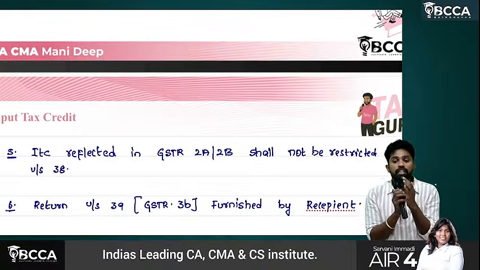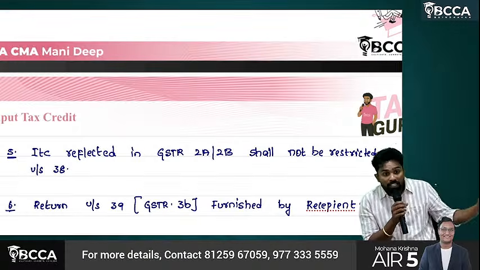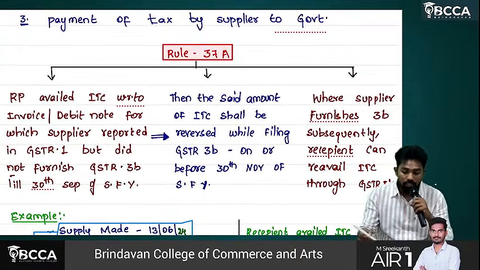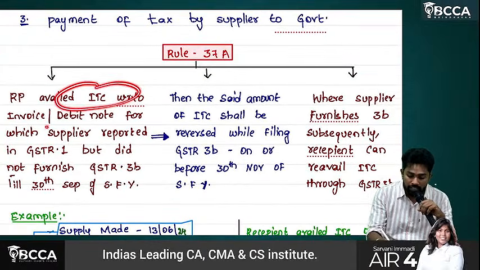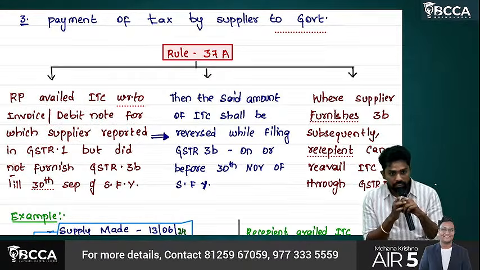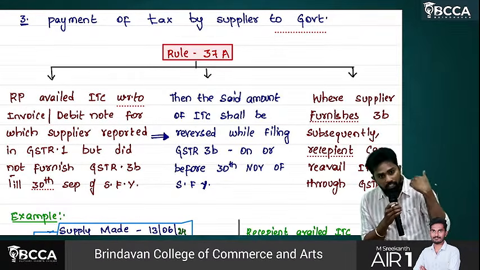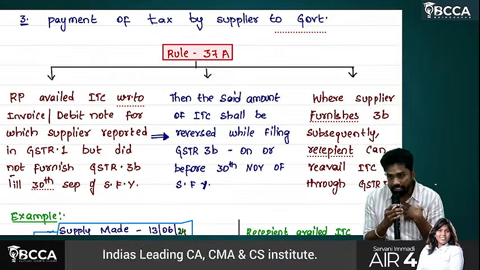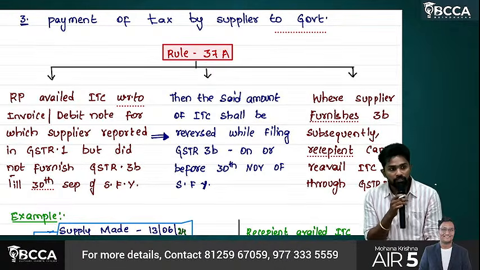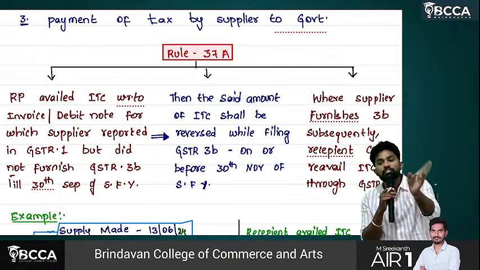Okay. Now they have given a time limit also by when the supplier has to pay the taxes. So what are they saying? A registered person availed ITC with respect to an invoice or debit note for which the supplier reported in GSTR 1. You are the supplier. You filed GSTR 1. Based on that I availed ITC. Okay. But what are you not doing? You are not filing 3B. Sir, why did you file 1 and not file 3B?